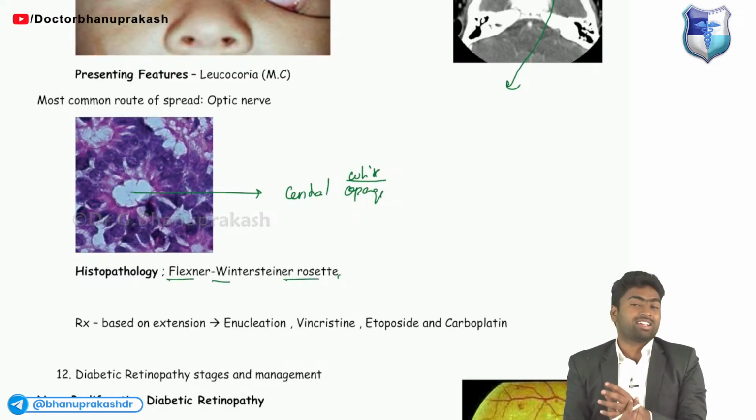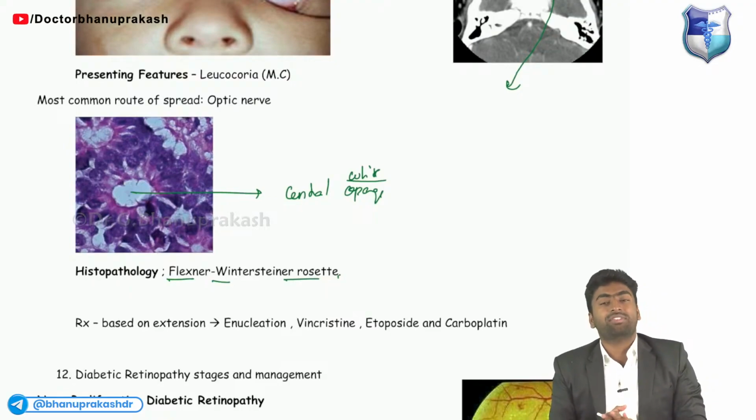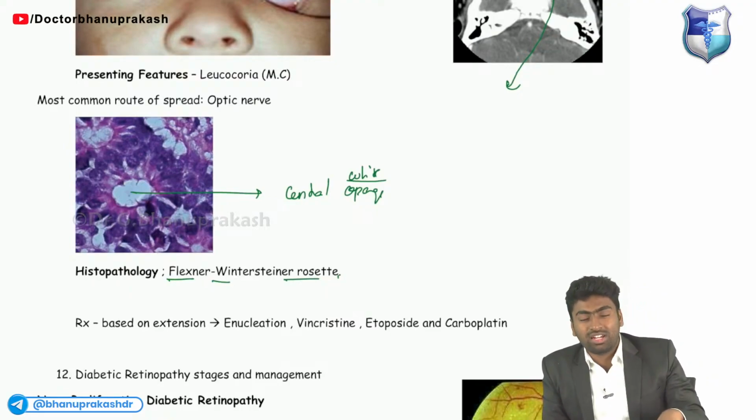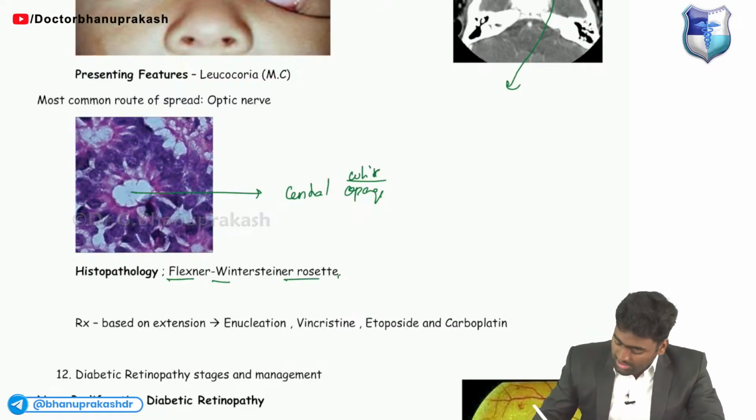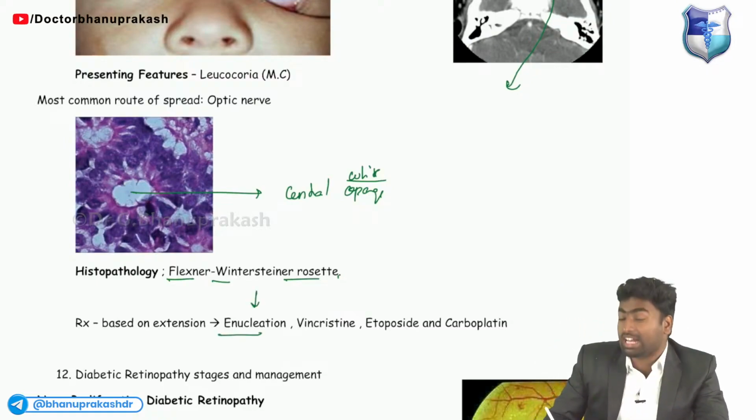Based on the level of extension of the retinoblastoma, we will go either with small excision or enucleation, and we'll do enucleation later if there are more metastatic lesions.